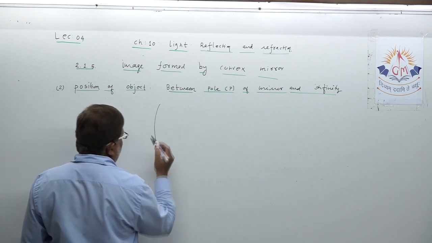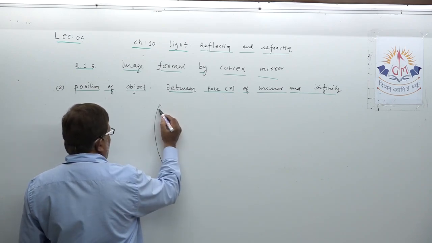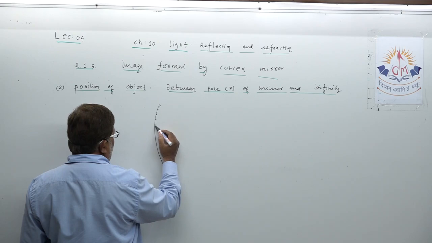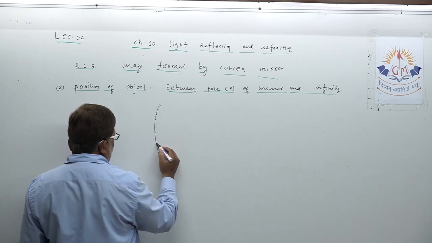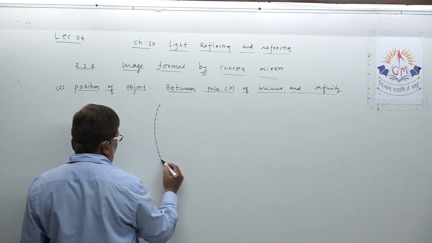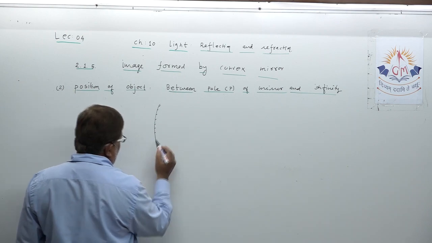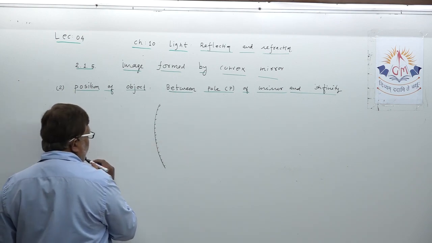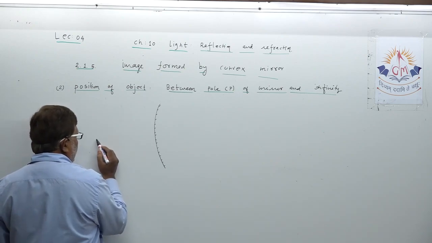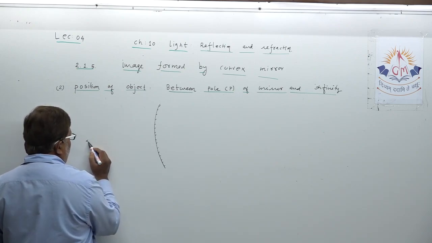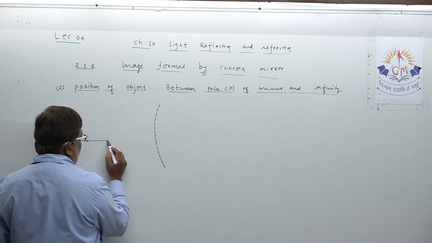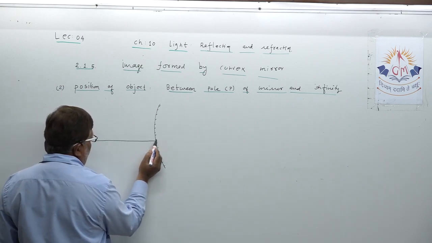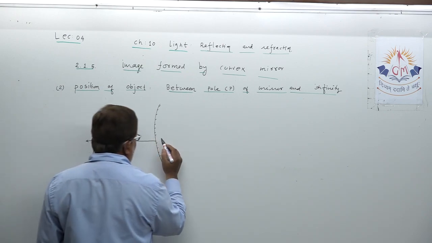This is the inner opaque side to show. This also needs to be shown properly. Then here is the pole. As I told you, the principal axis is to be extended on both sides of the mirror.